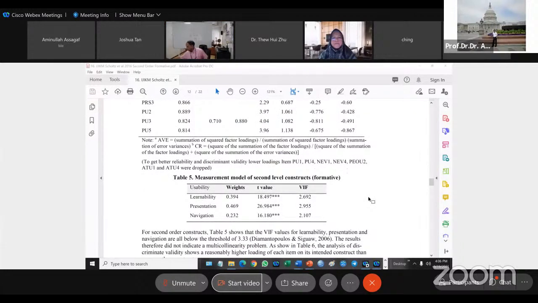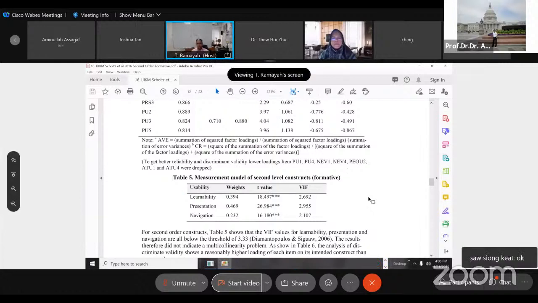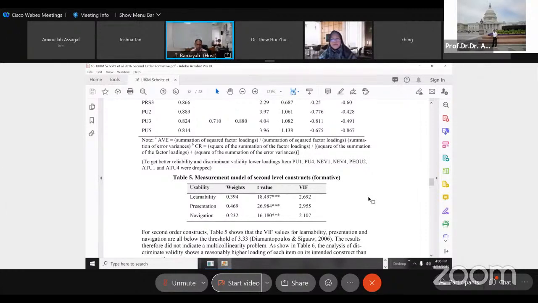For reflective formative, we have another test called redundancy, which was not done by the PhD student. This is a paper he wrote as part of his study many years ago, so we don't have redundancy analysis for this.